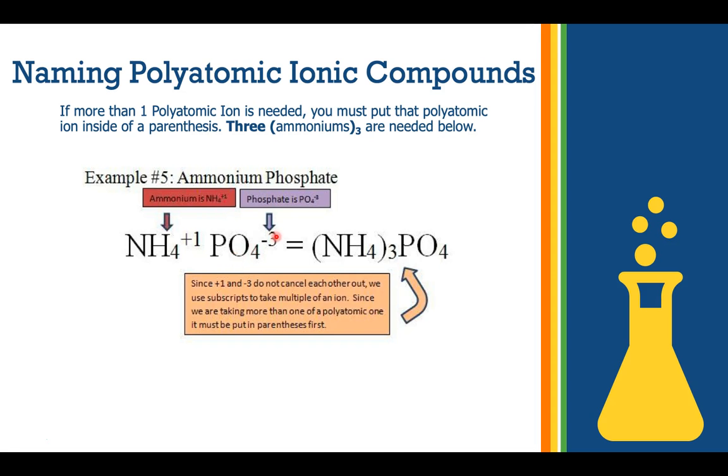So what that means is we're going to put parentheses around these, right? And that way you don't confuse the 4 on the hydrogen with the 3. If you put 4, 3 next to each other, that means you would have 43 hydrogens. Well, that's not possible, not to nitrogen.